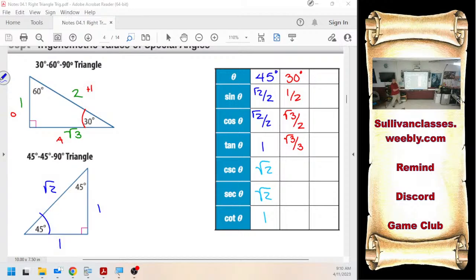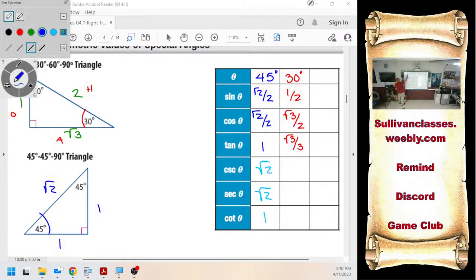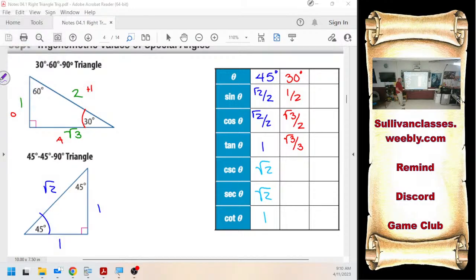When I go flipping all of those, the reciprocal of 1/2 is 2 over 1. 2 over root of 3 rationalized, 2 root of 3 over 3.